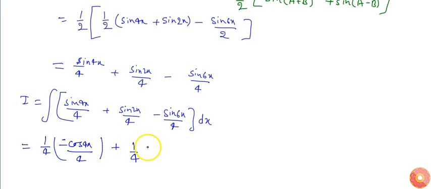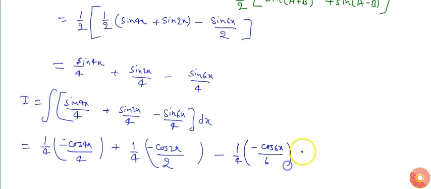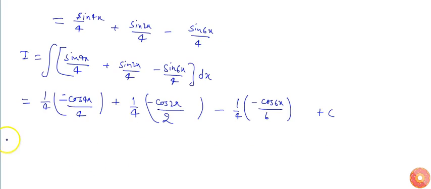Integration of sin 2x is minus of cos 2x by 2, and integration of sin 6x is minus of cos 6x by 6, plus c is our integration constant.